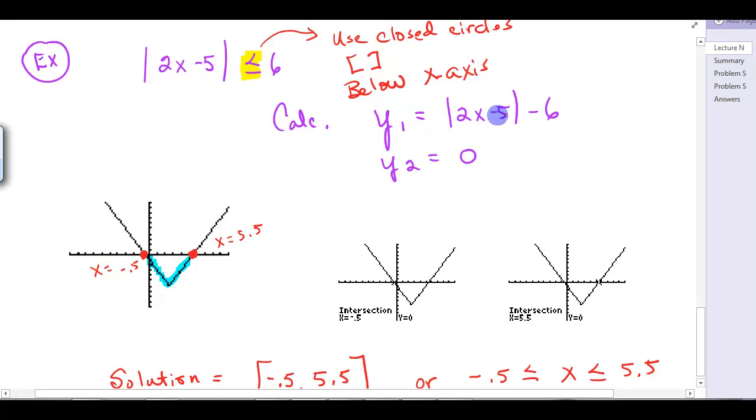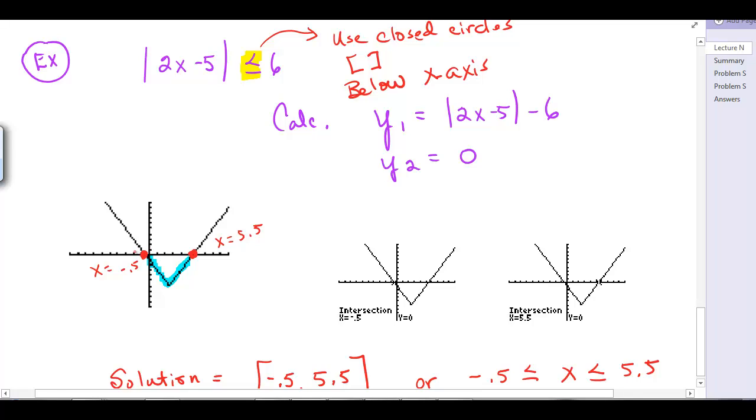So you have the absolute value of 2x minus 5 minus 6 and y2 to be 0. So we put that in and we get this picture. We do our sketch and we put in closed circles and we highlight below the x-axis because that was less than. If it had been greater than, we'd have this highlighted and this highlighted.